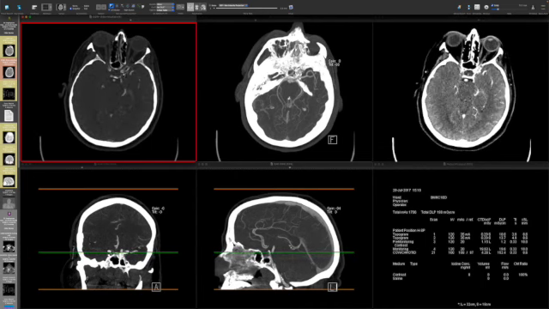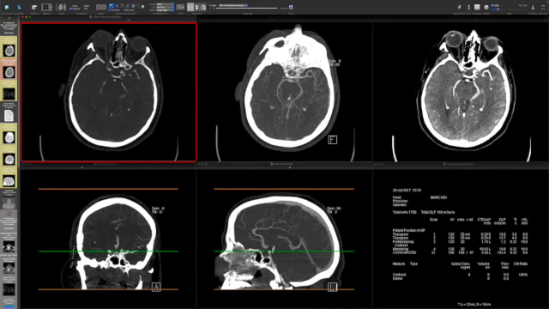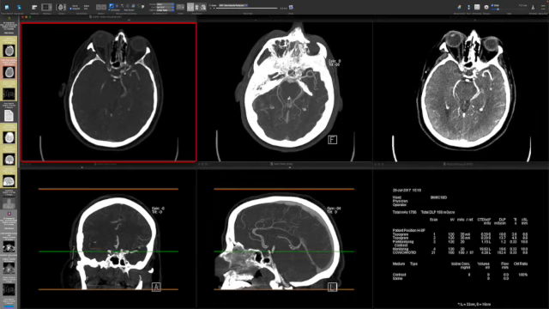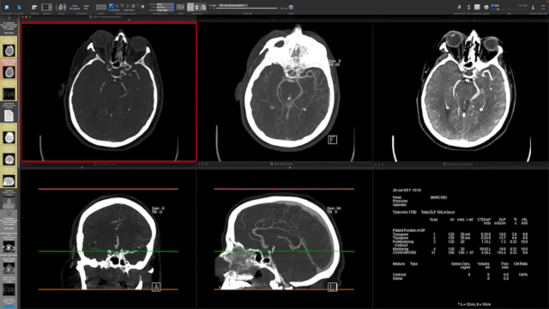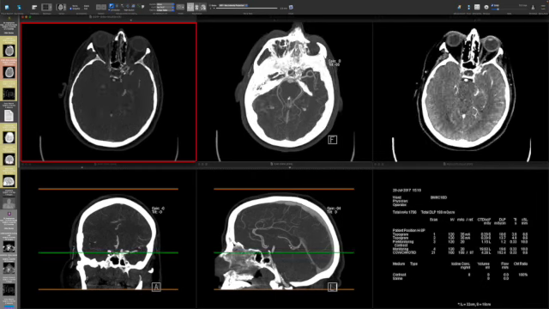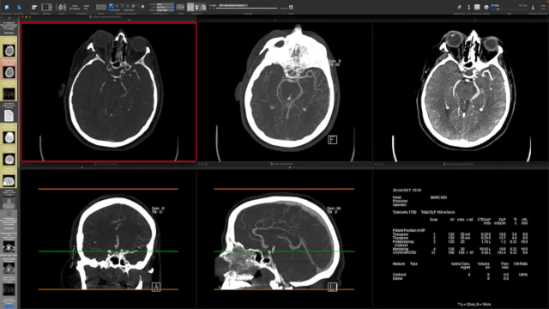Now, the one thing that I want to point out to you guys is that right here, there's a little branch vessel that comes off of this left internal carotid artery. That's actually the left ophthalmic artery. The left ophthalmic artery isn't terribly important for us, other than it's a place where you can get aneurysms, rather uncommonly.